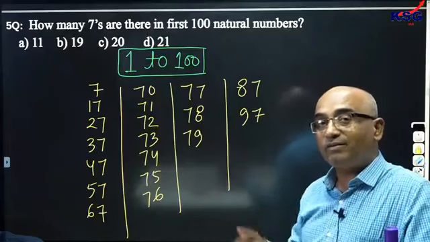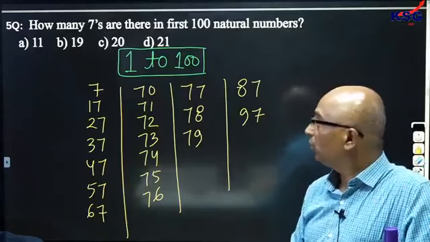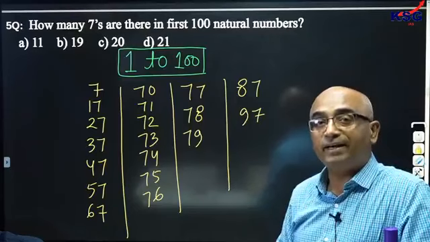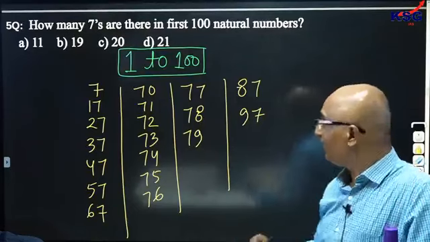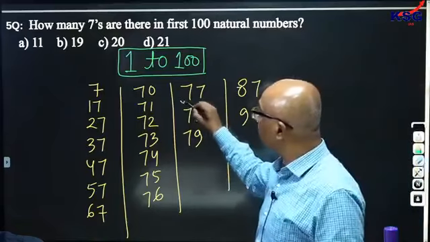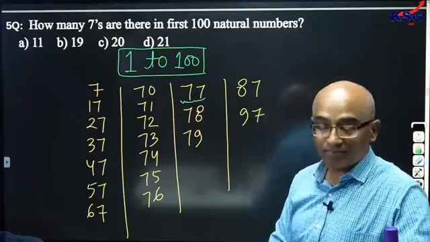Now just count it. So 7 appears more than 11 times, even more than 19 times. See the reason? Because 77 consists of two 7s.